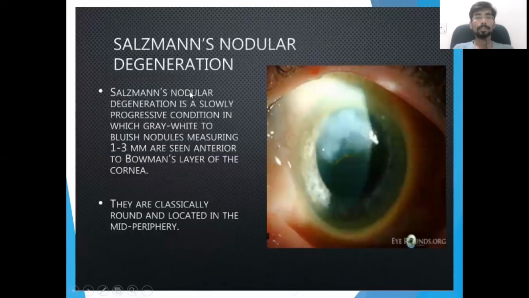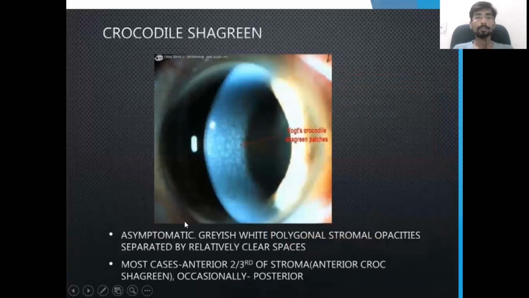Salzmann nodular degeneration is a slowly progressive condition in which grey-white to bluish nodules measuring 1 to 3 mm are seen anterior to Bowman's layer of the cornea. They are classically round and located in the mid-periphery. Crocodile shagreen: asymptomatic, greyish-white polygonal stromal opacity separated by relatively clear spaces.